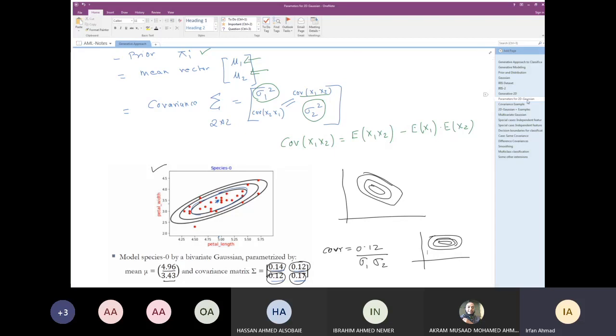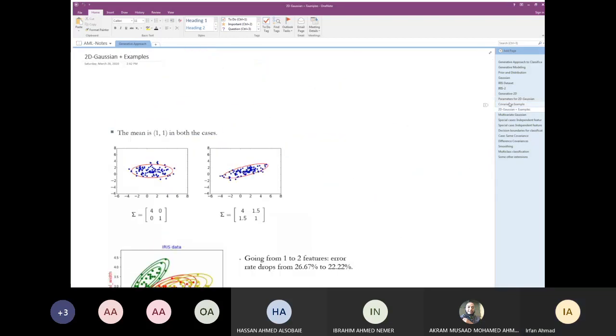So let's take this thing here. The question now is, how does the PDF look in the 2D case, right? So this is where we stopped.